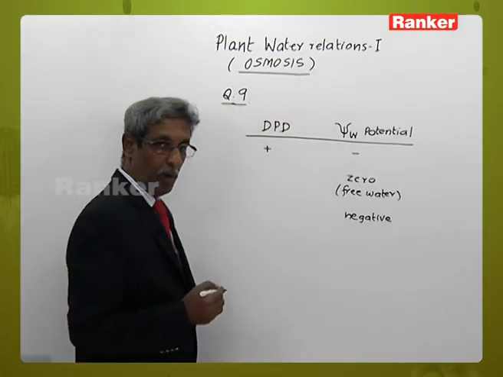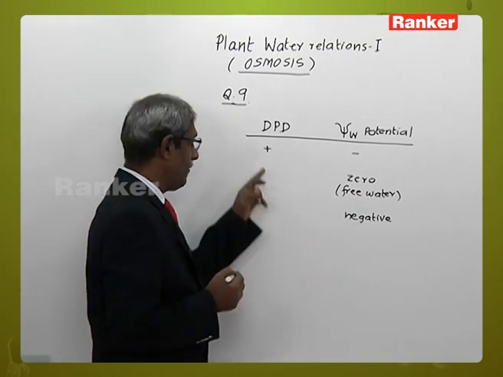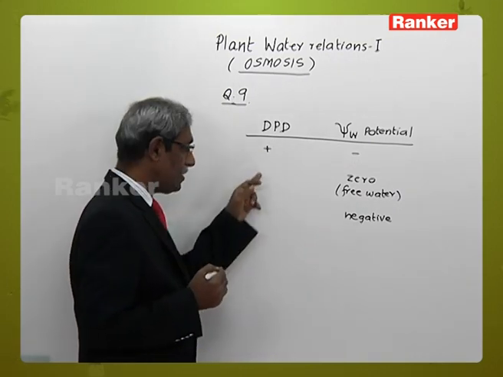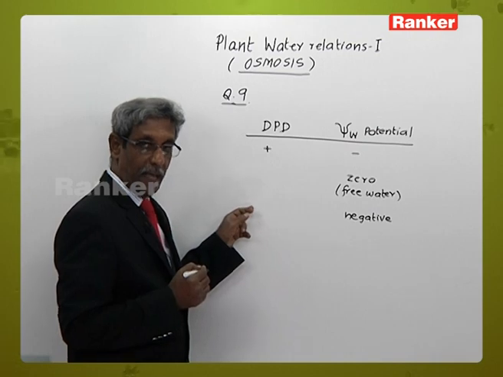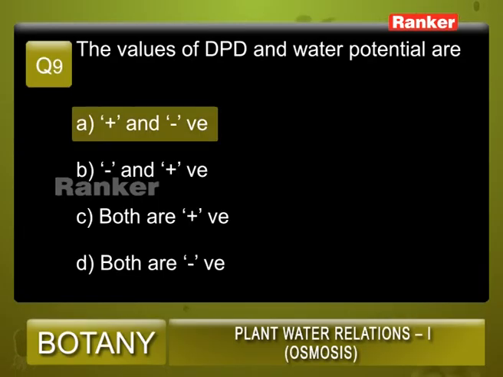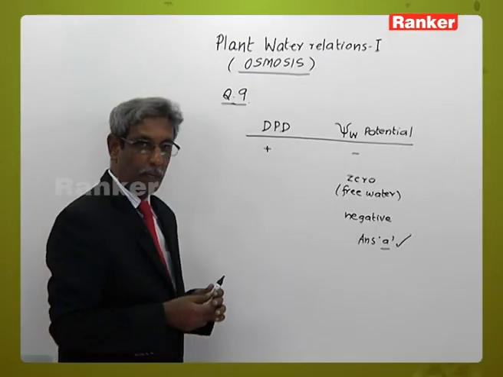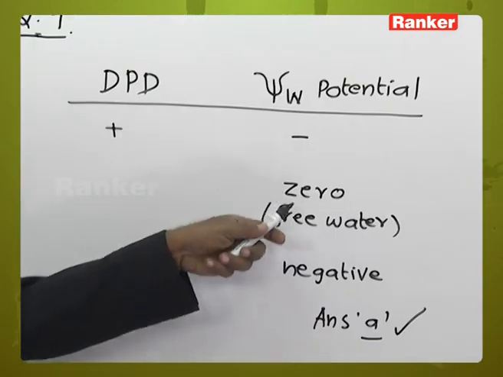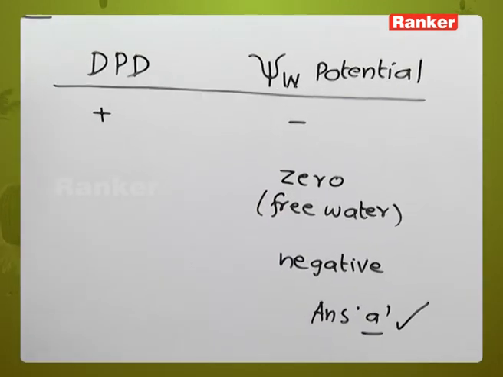So, water potential is always treated as a negative quantity, whereas diffusion pressure deficit is always treated as a positive quantity. Hence, among the choices, answer A is right, which indicates diffusion pressure deficit is plus, and water potential is given in the form of a negative value.